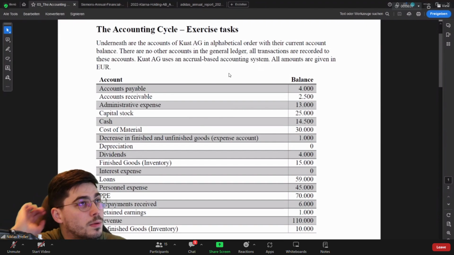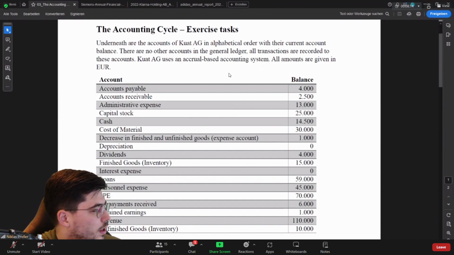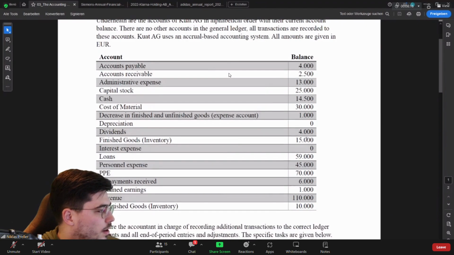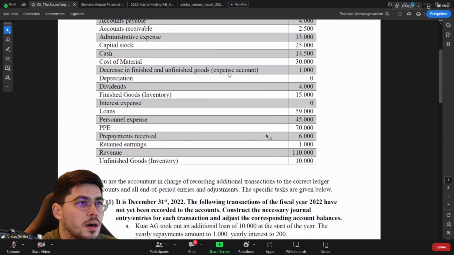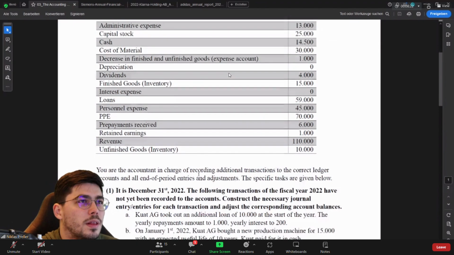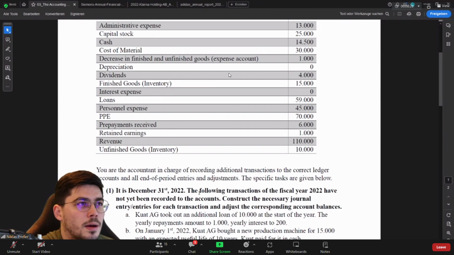And we use an accrual-based accounting system. All amounts are given in euros. First of all, we have all these accounts here with their account balance. We are the accountant in charge of recording additional transactions to the general ledger, and all of the end of period entries and adjustments.